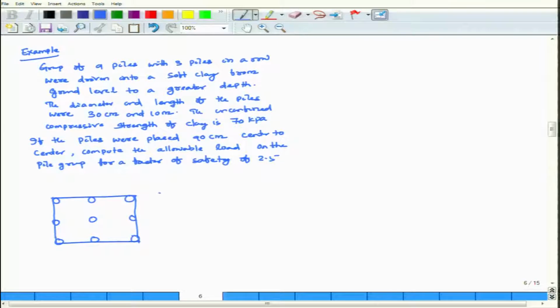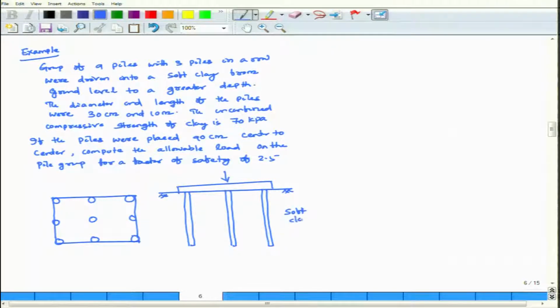That means, if this is the group of piles, load has been applied, and these piles have been driven in soft clay up to a greater depth.